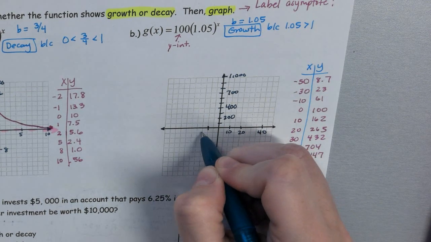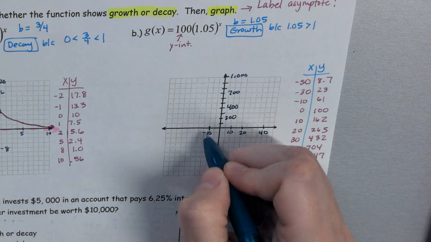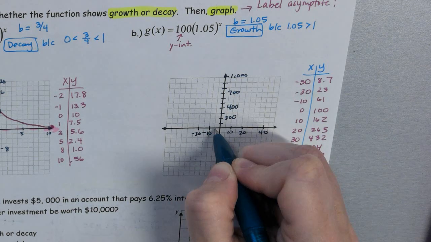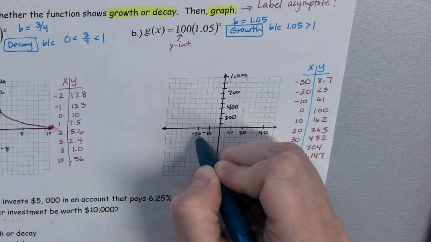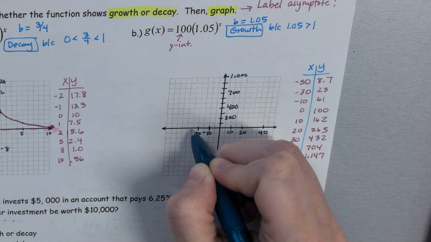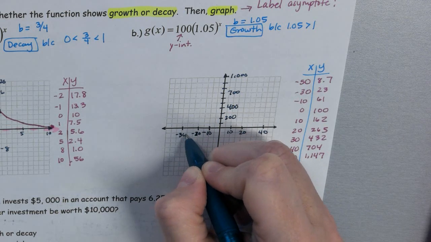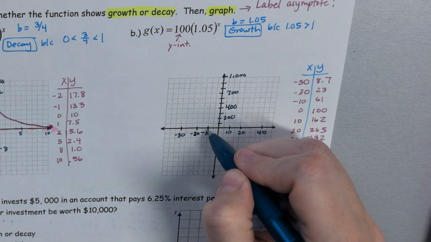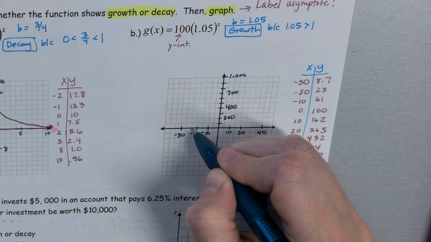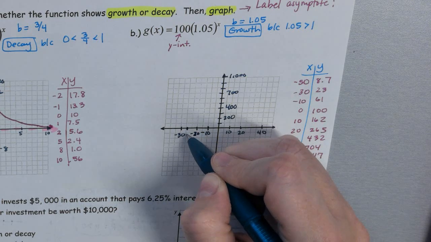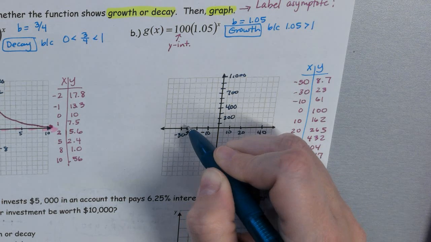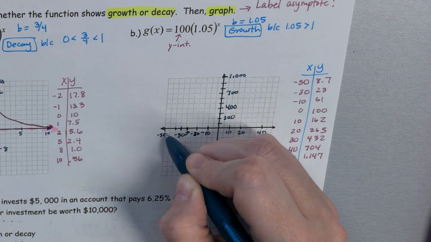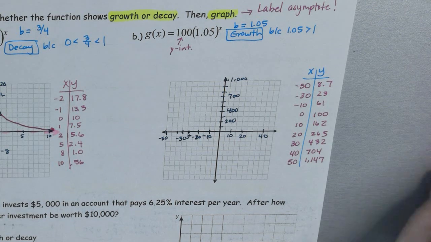And again, a lot of times I'm labeling this for me. 5, 10, 15, 20, 25, 30, 35, 40, 45.